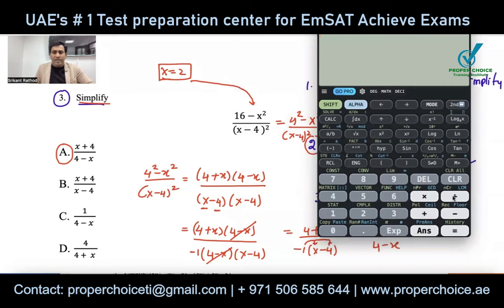Let's use the calculator here. We have a fraction, so I'll press the fraction button so that the box opens. Then let me write it as it is: 16 minus, in place of x I write 2, so 2 squared, divided by, open the bracket, the value of x here is 2 minus 4, close the bracket, squared.